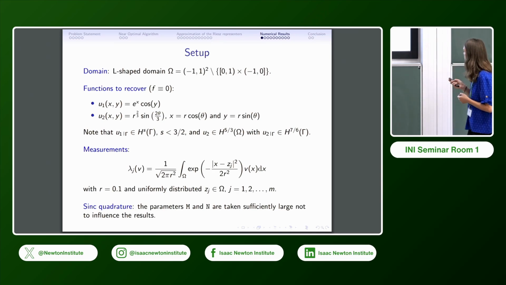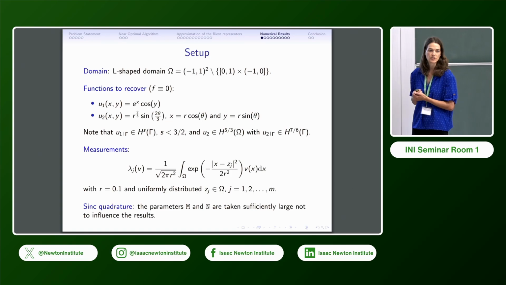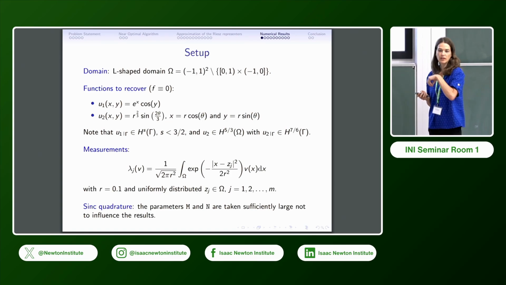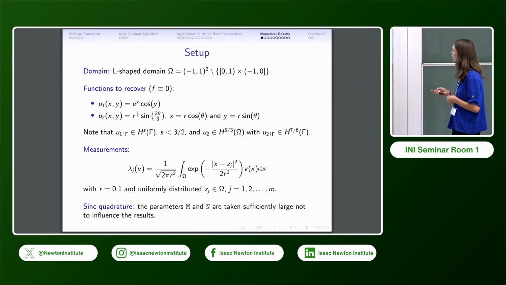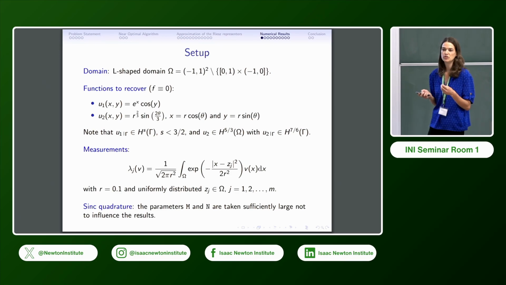Okay, and so if I take the trace, then the trace of u2 is in H^{7/6}, so s should be 7/6 in that particular case. For the measurement, we will take Gaussian measurements that mimic pointwise measurements, which are given here, and I'll simply change the centers z_j, which are uniformly distributed in my domain.